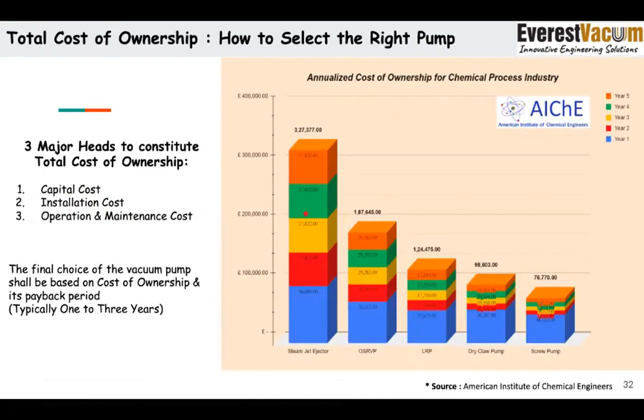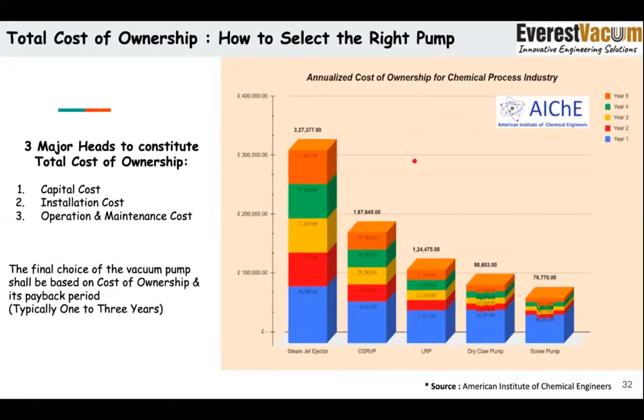This data is in terms of pounds. So 3.27 million pounds is what you anticipate your cost of ownership to be for the first 5 years, year 1 to year 5.